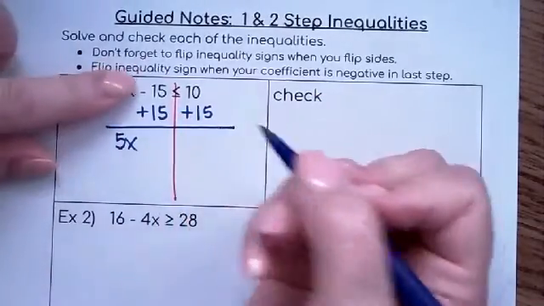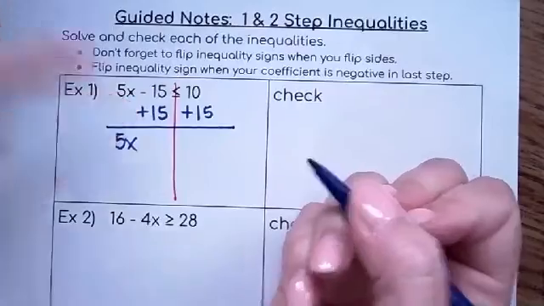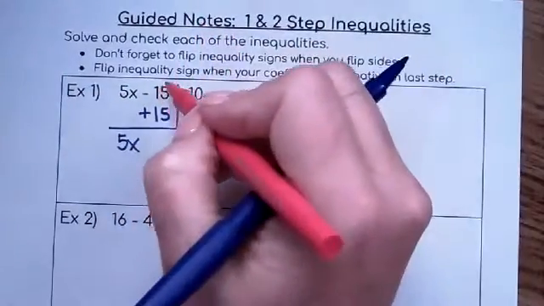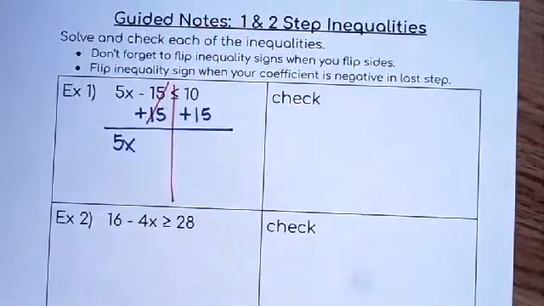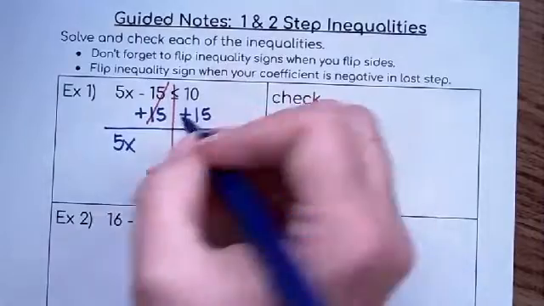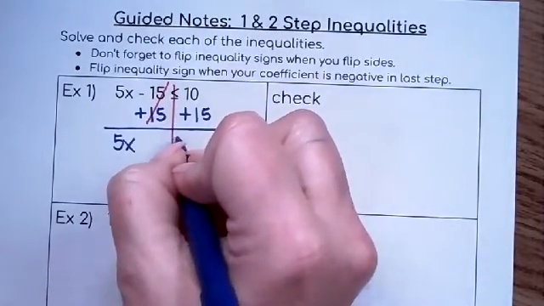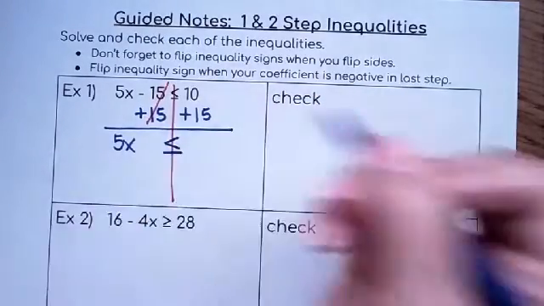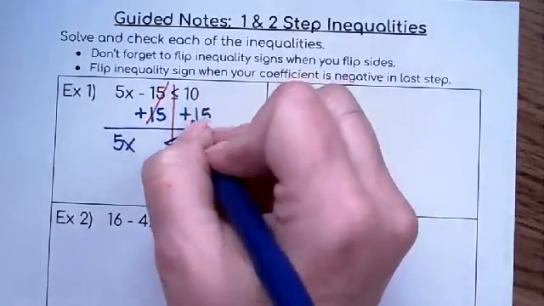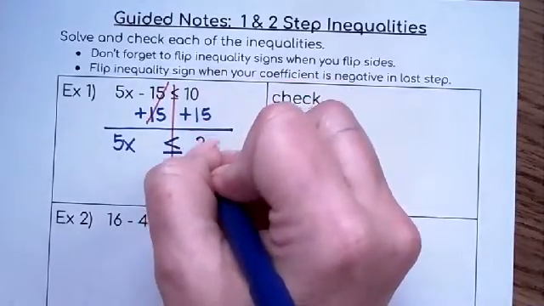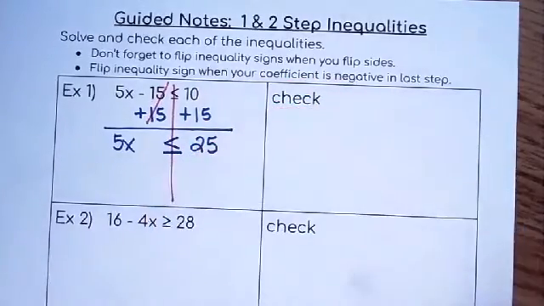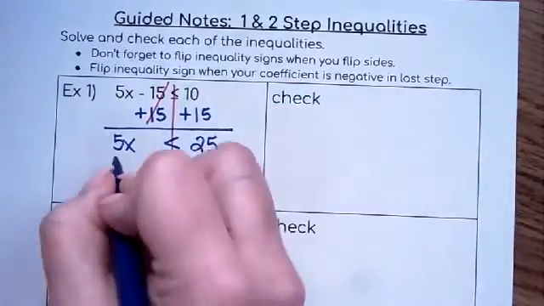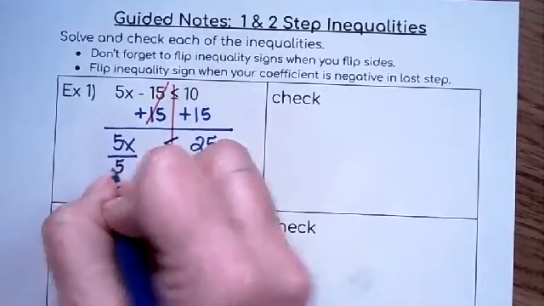Now look right here, I've got minus 15 plus 15. We know those are just going to cancel each other out, and the 15's gone from the left side. I'm going to bring down my less than or equal to, and I've got 10 plus 15, which is 25 right there. Now, we know the next step is to divide by the 5, just like this.